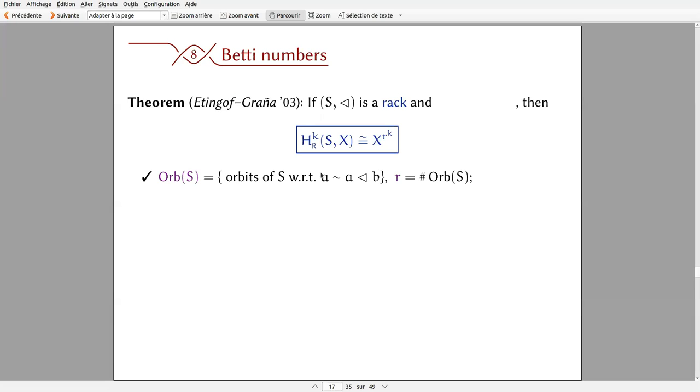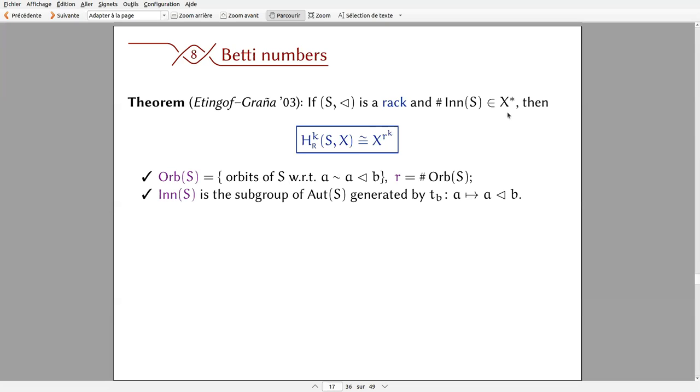Once again, when I'm talking about the orbits, I have in mind the orbits with respect to the action by right translations. So the only information encoded in these homologies is the number of orbits of your rack.